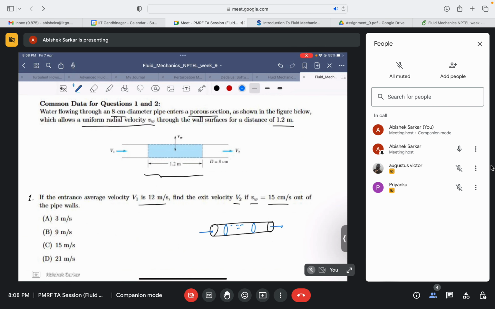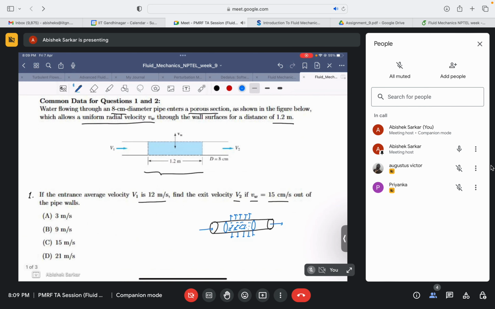Say there are some pores or holes through which, as an approximation, they have said the velocity is uniform and the flow goes out of these pores as well, with a velocity of 50 centimeter per second throughout the surface of the cylinder or the pipe. Since it is a pipe, we can take it as a cylinder. So I guess the question is clear. Given that, you need to find the exit velocity v2.